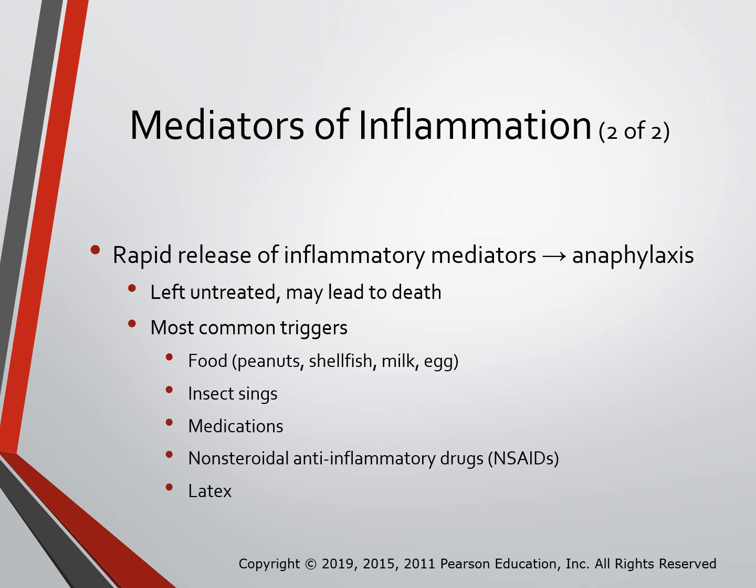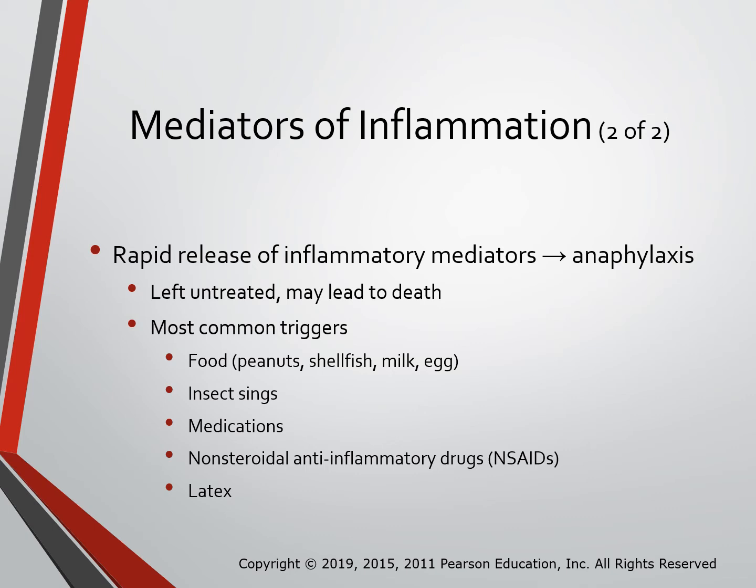H1 receptors are primarily found on smooth muscles, on the endothelium, and in the central nervous system. Stimulation of these receptors results in vasodilation, bronchoconstriction, pain, itching, and hives, so like an allergic reaction.